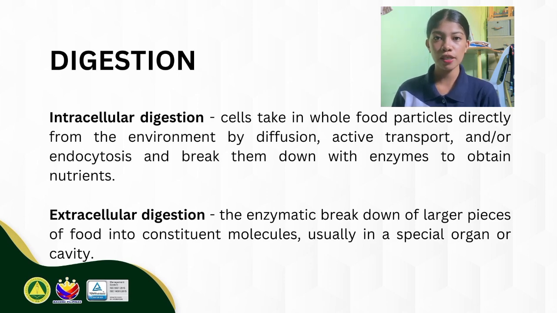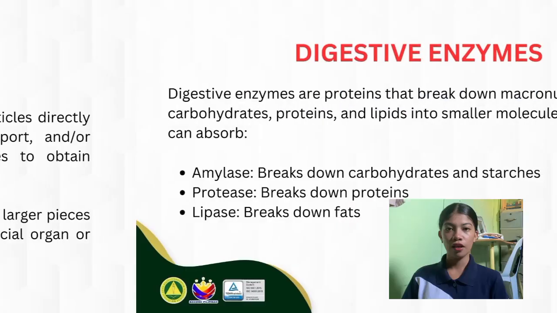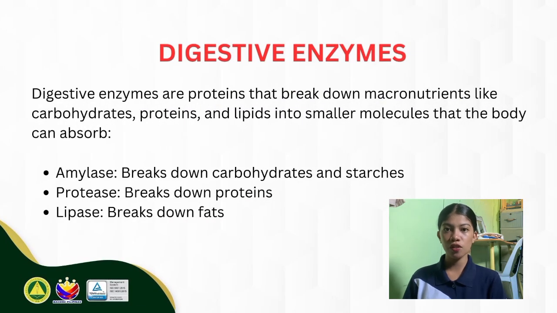We have a complex digestive system with organs like the stomach, small intestine, and large intestine, each playing a role in breaking down food. Digestive enzymes are like tiny helpers in our bodies. They break down big food molecules into smaller ones that our body can easily absorb. Think of them as scissors cutting up food into bite pieces.